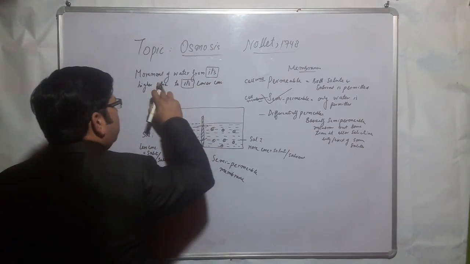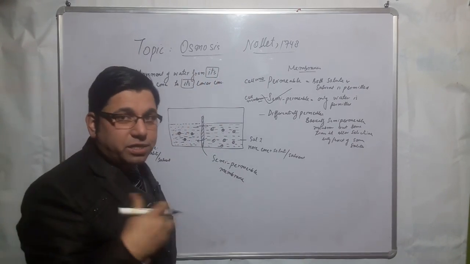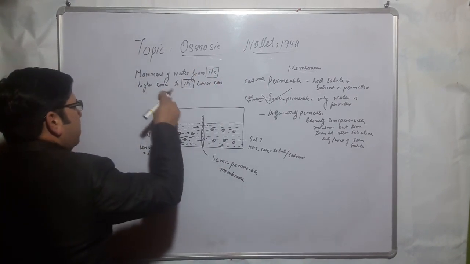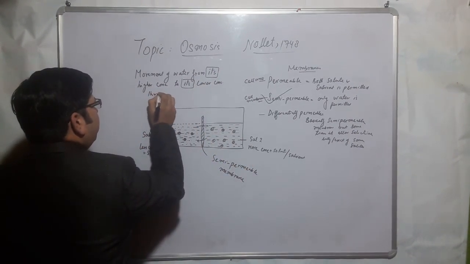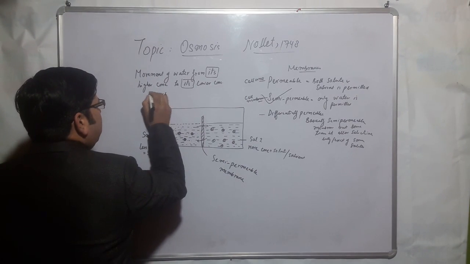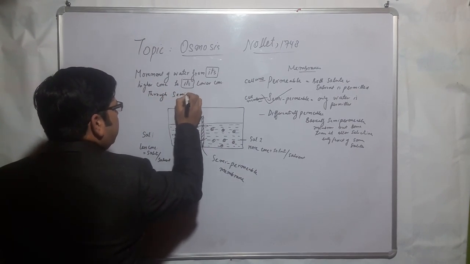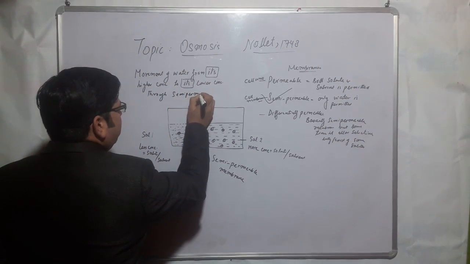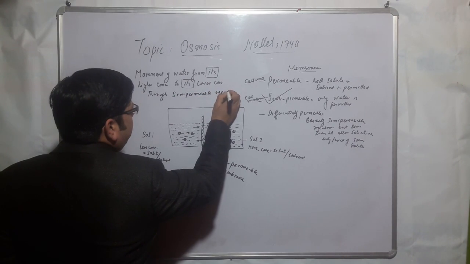This is movement of water from its, from water's own higher concentration to its lower concentration through semi-permeable membrane, and that's it, through semi-permeable membrane.